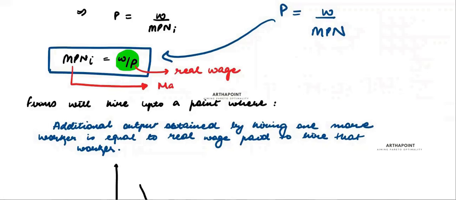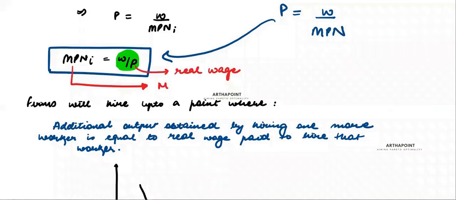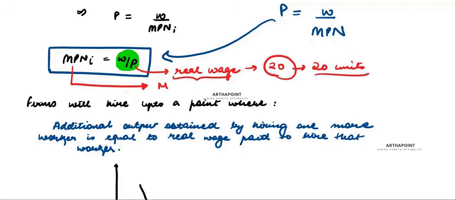We are saying that at equilibrium, the marginal product of labor must be equal to the real wage. Real wage is how many goods you can buy from your wage. So if my real wage is 20, it means I can buy 20 units of any product.